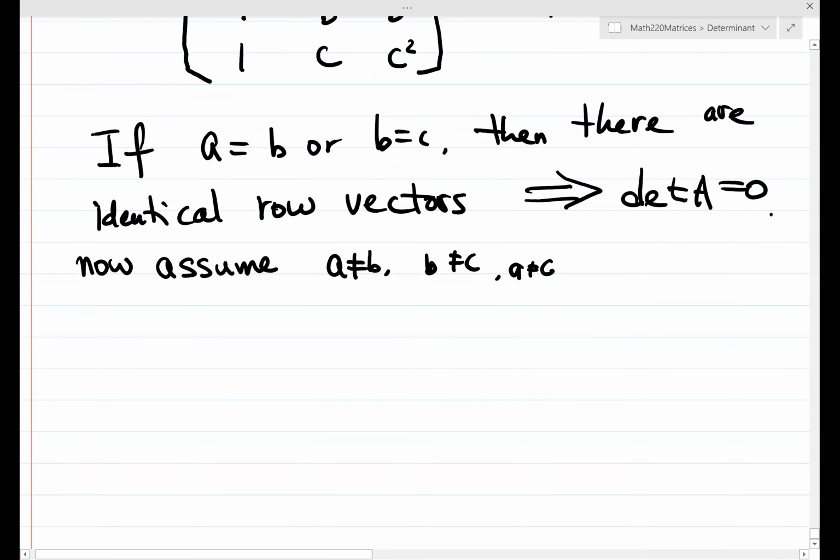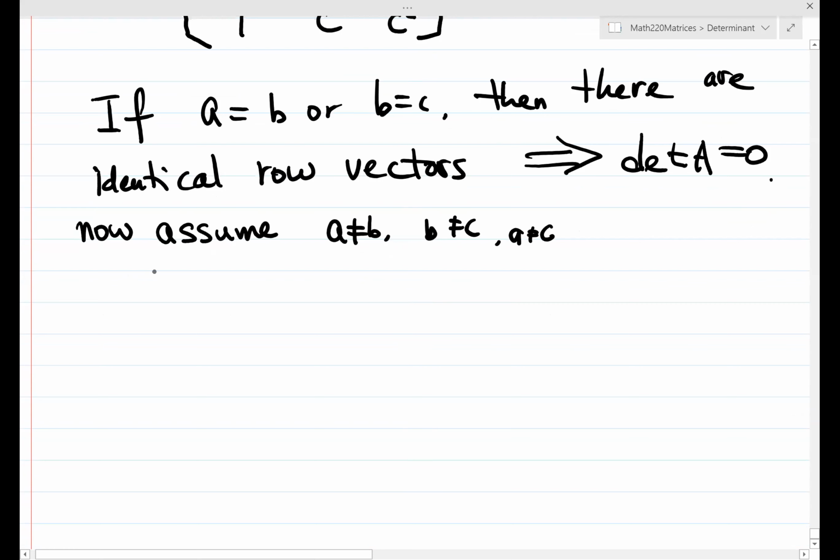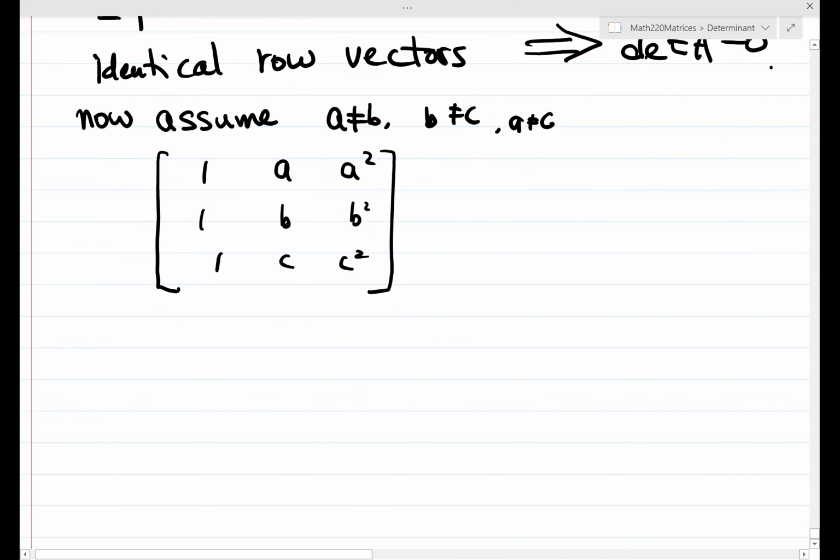So we use row operations. Let me write the matrix A here: 1, a, a squared; 1, b, b squared; 1, c, c squared. Now we want to transform it to upper triangular, so we do row operations on R1, R2, R3. What row operations should we do?